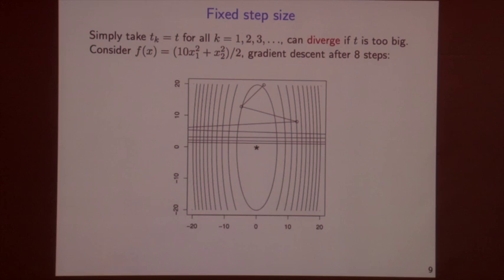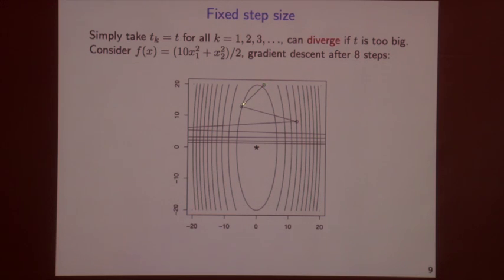The problem with that is that if you take the step size to be too large, the algorithm can actually diverge. So for instance, consider this quadratic function of x, f(x) = (10 x1^2 + x2^2)/2. You pick a starting point, fix a constant step size, and perform gradient descent.